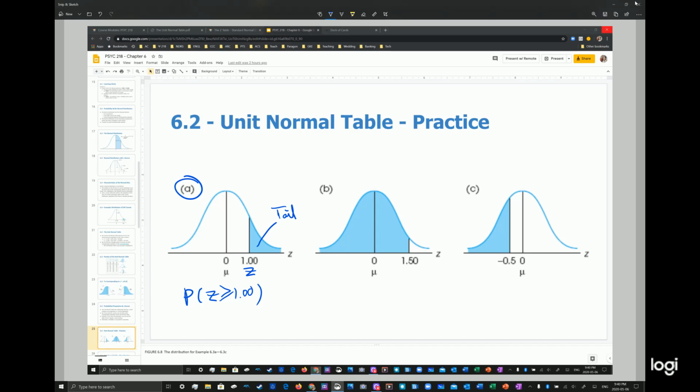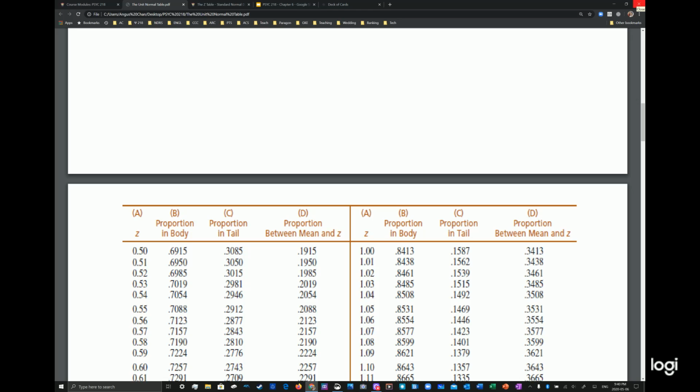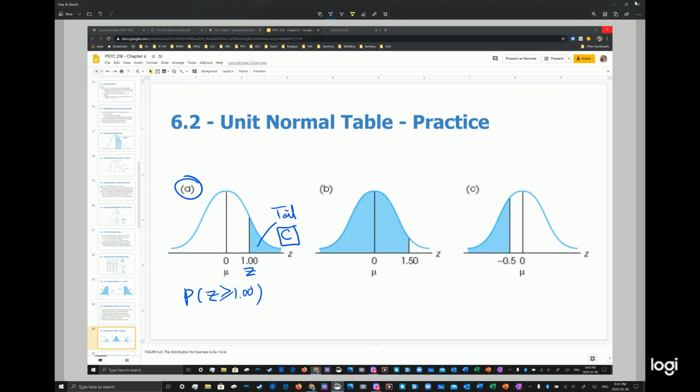And so we look at column C. And column C tells us, well, it's 0.1587. So the answer is 0.1587, which is 15.87%. So that's one of the easier questions, solved relatively quickly using the unit normal table in column C.